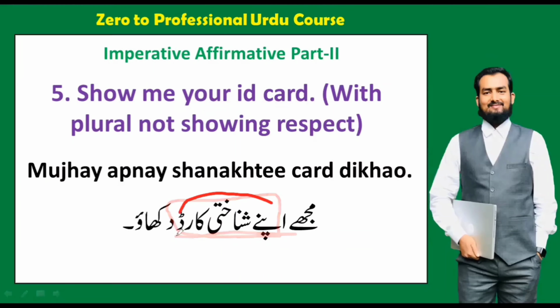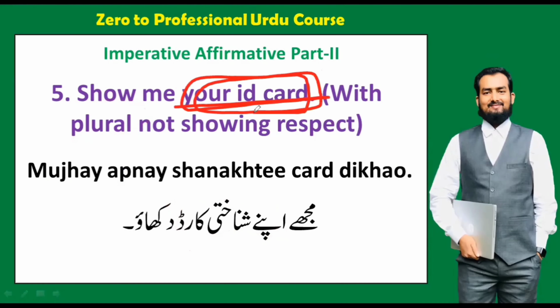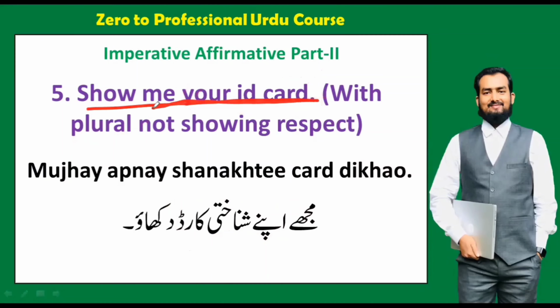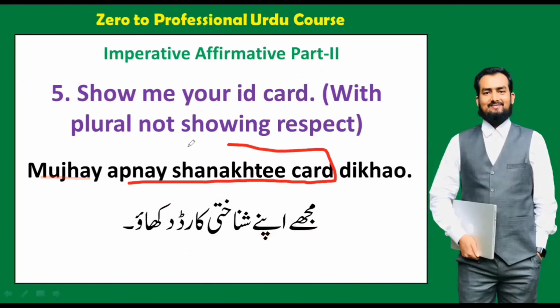Here we told apne shanakhti card in the context of plural, because here it is plural. Okay, here we can say ID cards, but better not to say because it means for each. So show me your ID card or show me your ID cards, it means मुझे अपने शनाख्ती कार्ड दिखाओ.